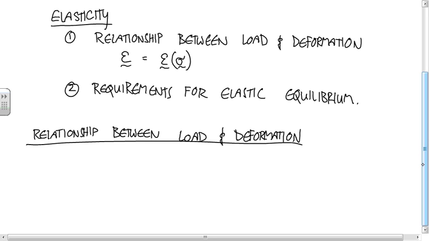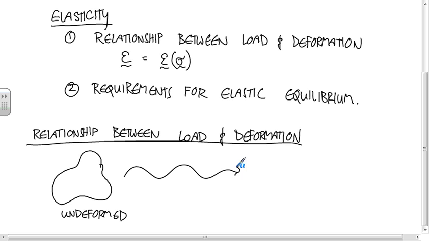So I'm going to give you what the strain means. If you have an object, so this is it before you apply some loads to it. This is the undeformed shape. And then you apply some loads to it and it deforms into something else.